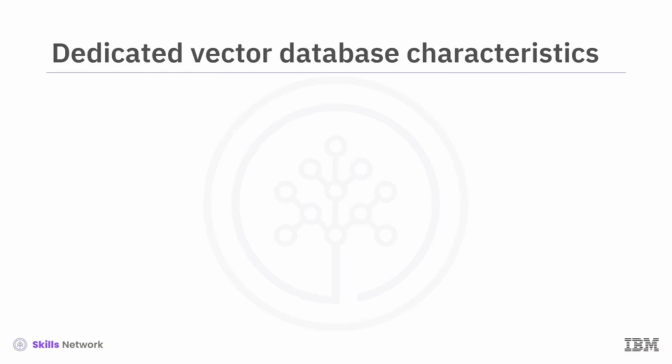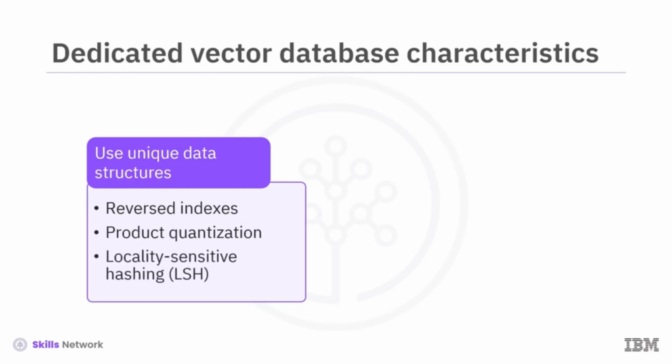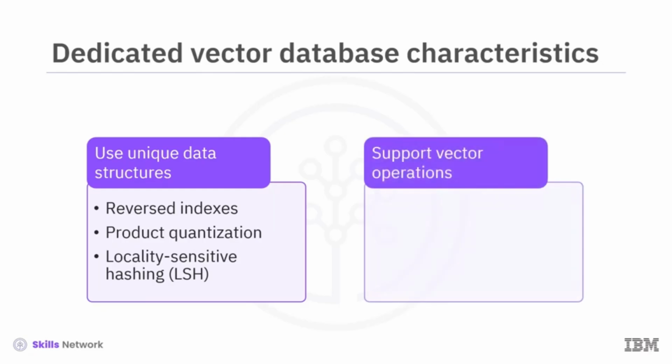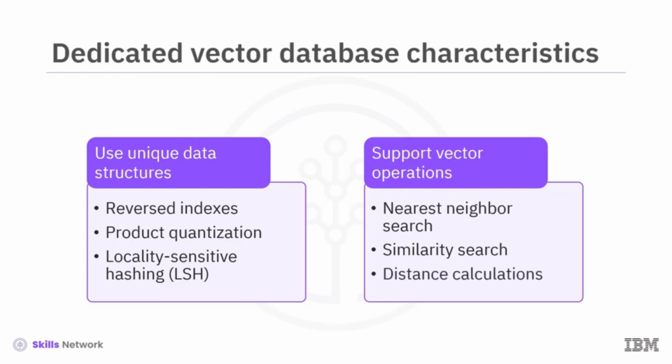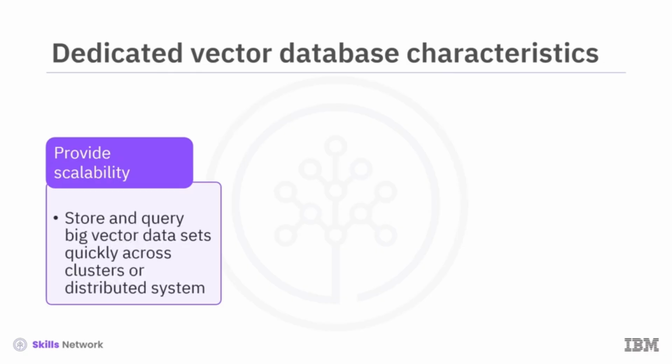First, to store and retrieve vectors quickly, dedicated vector databases often use unique data structures like inverted indexes, product quantization, and locality-sensitive hashing, or LSH. These databases support vector operations like nearest neighbor search, similarity search, and distance calculations, which lets users do complex searches on vector data. Dedicated vector databases are made to be scalable so that users can store and query big vector datasets quickly across clusters or distributed systems.